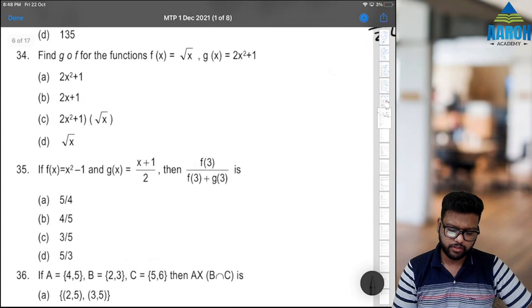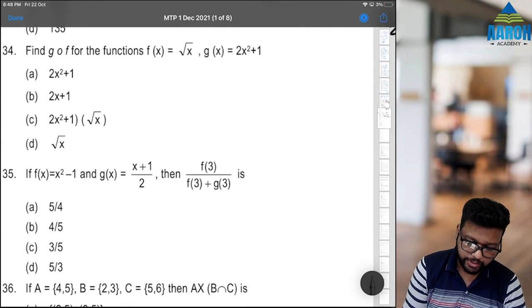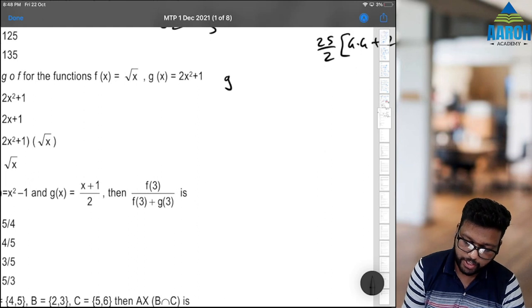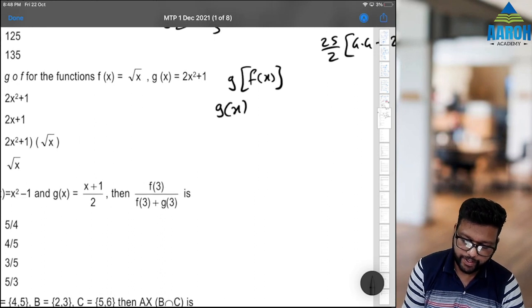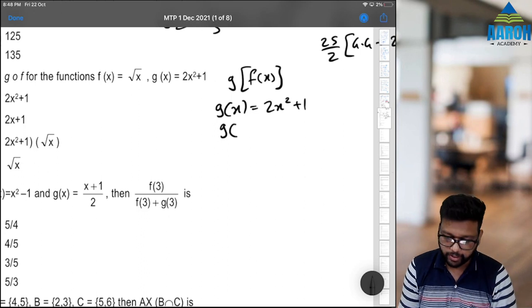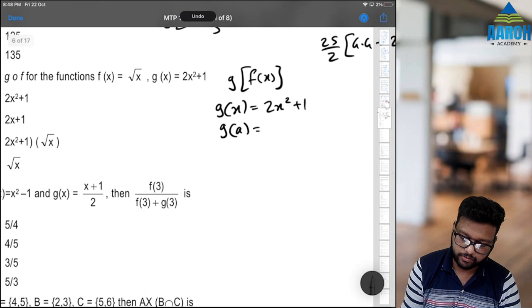Next, 34. Find GOF for the functions. No problem. GOF means what? We have to find G of f(x). How to think about this carefully? G of x is what? 2x square plus 1. So for example, G of A will be 2a square plus 1.